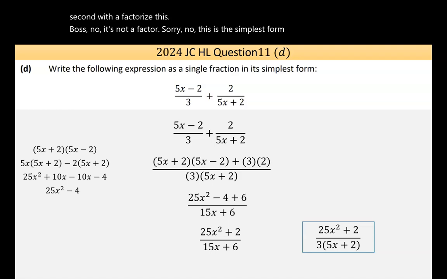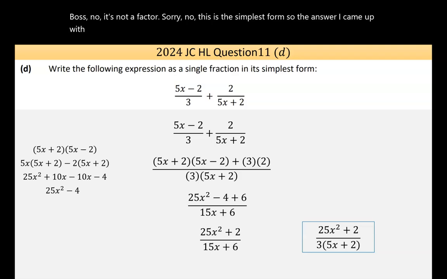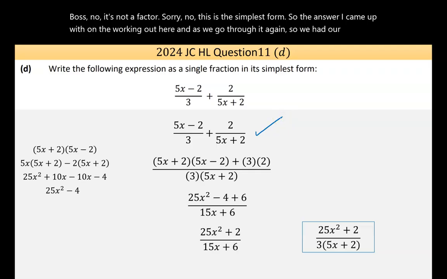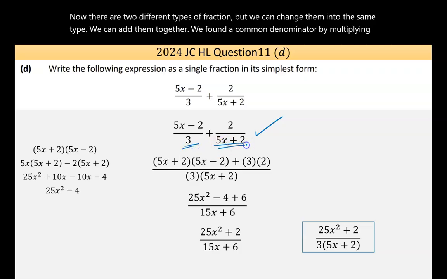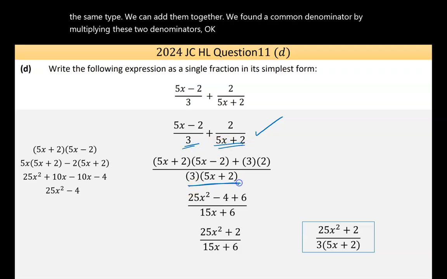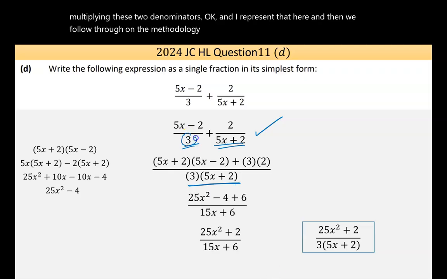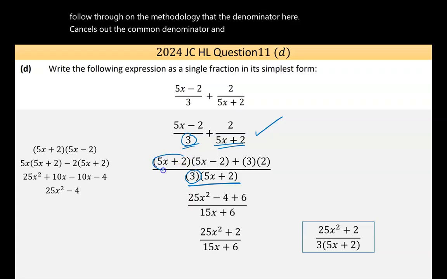So the answer I came up with on the working notes here, and we'll go through it again. So we had our fraction. Now there are two different types of fraction, but if we can change them into the same type, we can add them together. We found a common denominator by multiplying these two denominators, and I represented that here. And then we followed through on the methodology that the denominator here cancels out the common denominator, and you multiply by the other denominator.